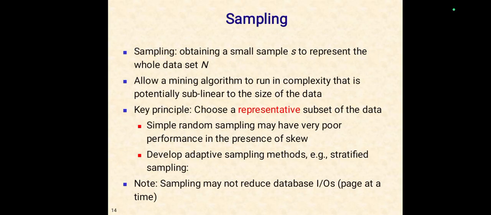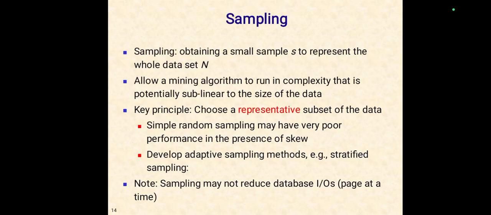Then sampling. You have a huge collection of data, but I don't want to take all the data. Instead, I am going to take a sample from the original data to represent the whole data set, and I will apply my mining algorithm to run in complexity that is potentially sublinear to the size of the data.